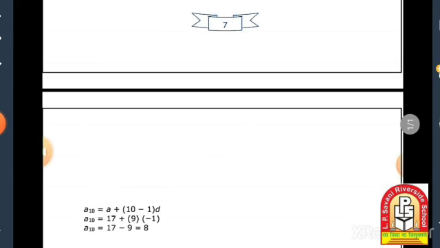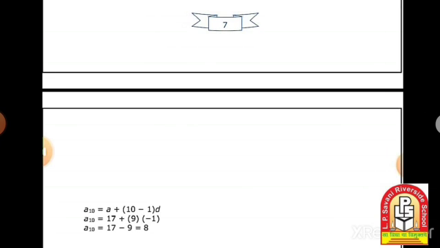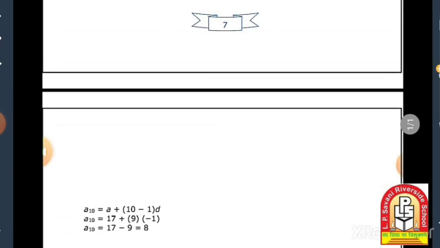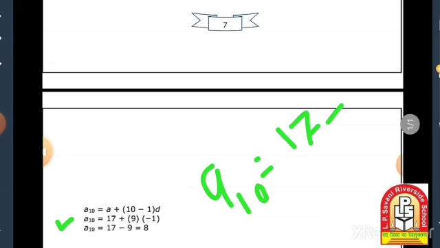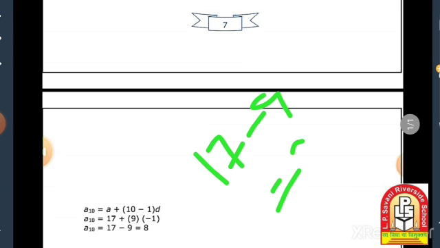Then put the values in a10. So in a10, a plus 10 minus 1 into d, 10 minus 1 is 9. So a10 is equal to 17 plus 9 into minus 1, that is a10 is equal to 17 minus 9, that is 8.